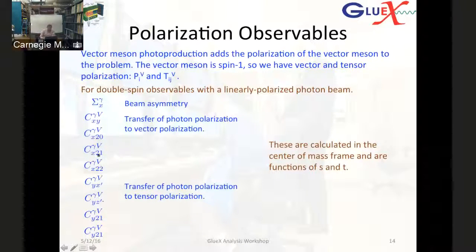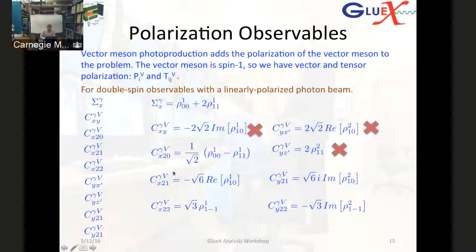There's X and Y, they correspond to 1 and 2, but it's basically transfer of the photon polarization to either the vector or tensor polarization of the meson. And so that's what generalizes here for linear polarization, that transfer. Okay. And these, again, are related to spin density matrix elements. They now come in being the rho 1s and the rho 2s here. Here's this beam asymmetry. It's the rho 1, 0, 0 plus 2 rho 1, 1, 1.